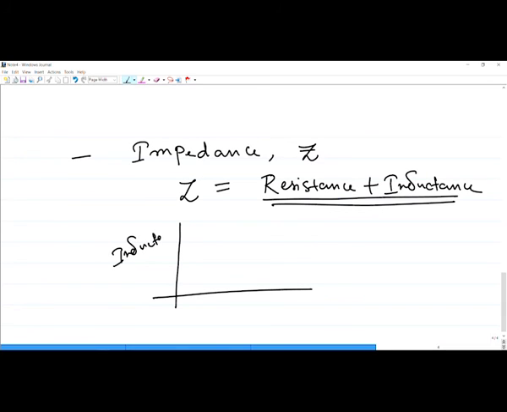If you resolve it in terms of inductance and resistance components, then as we saw it will be a vector like this. This is the parameter that we are going to take up specifically in the next class. First we will derive an expression for this, and then we will see how this parameter is used to do eddy current testing.